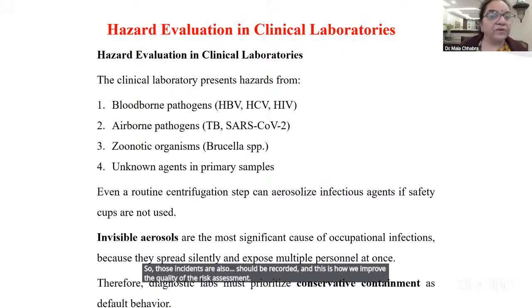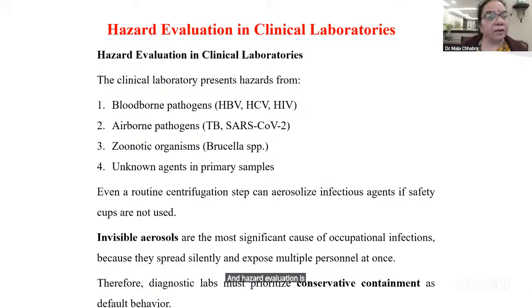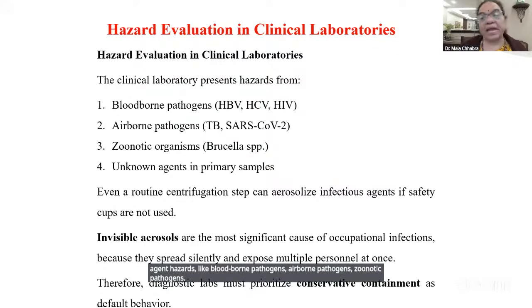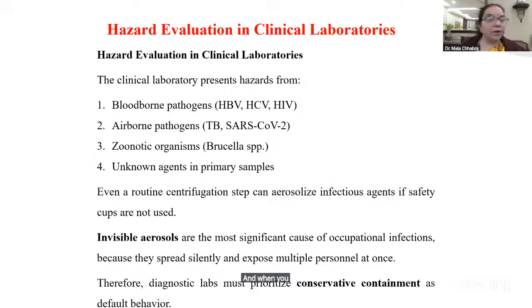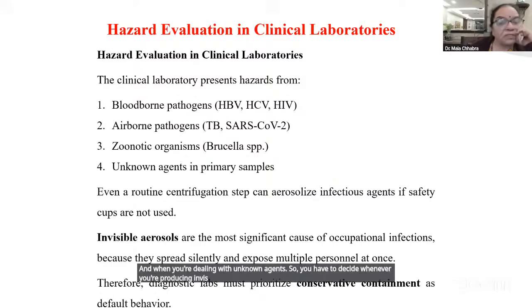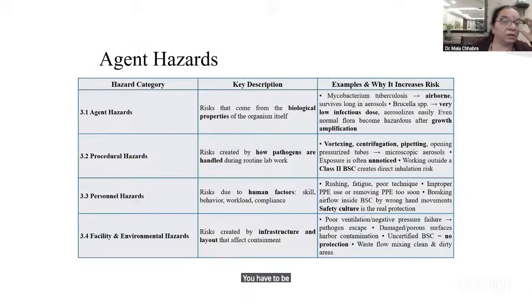And hazard evaluation is done by looking at various agent hazards like bloodborne pathogens, airborne pathogens, zoonotic pathogens, and when you're dealing with unknown agents. Whenever you're producing invisible aerosols, you have to be more conservative in your approach. Agent hazard is the biological hazard we've spoken about.